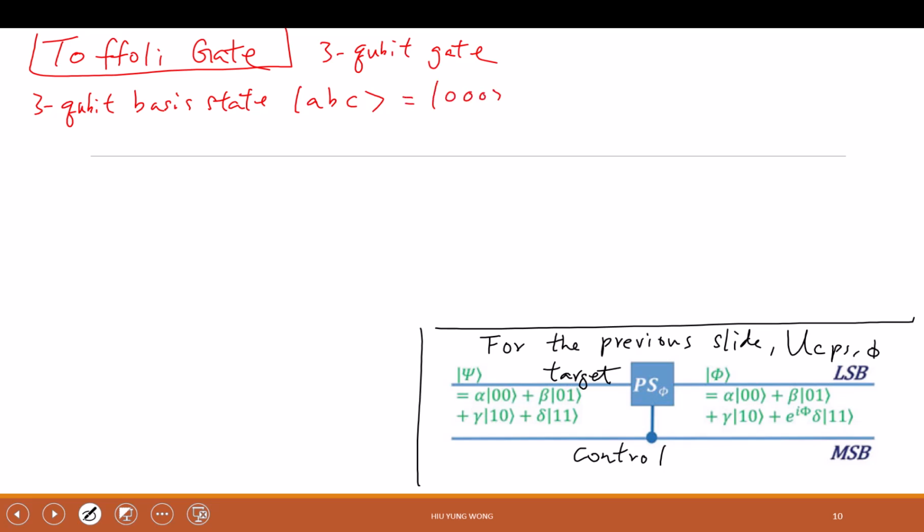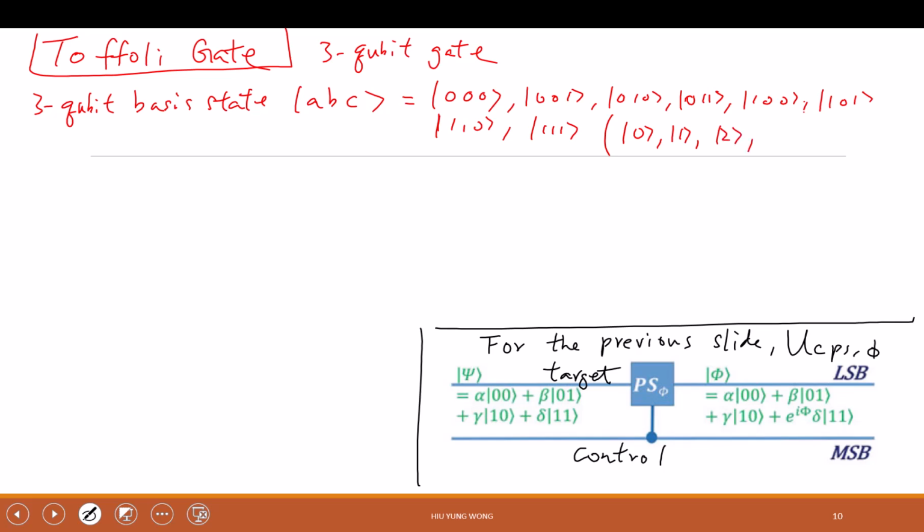So it can be 000, 001, 010, 011, 100, 101, 110, and 111. 1, 2, 3, 4, 5, 6, 7, 8. And of course, remember, we can also write them as 0, 1, 2, 3, all the way to 7, if you want to write it.